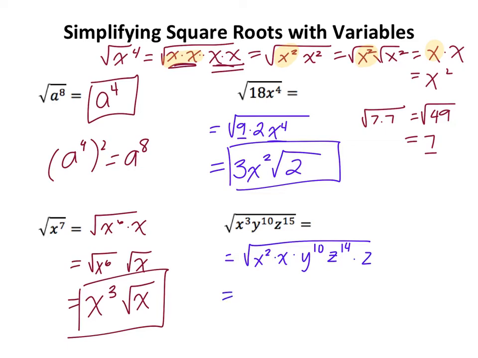From there, I'll take out any of my perfect squares, which are my variables with even exponents. So we have x squared, and we divide that exponent to get x. Y to the 10 becomes y to the 5th on the outside. Z to the 14th becomes z to the 7th. Inside the radical, I have x and z.